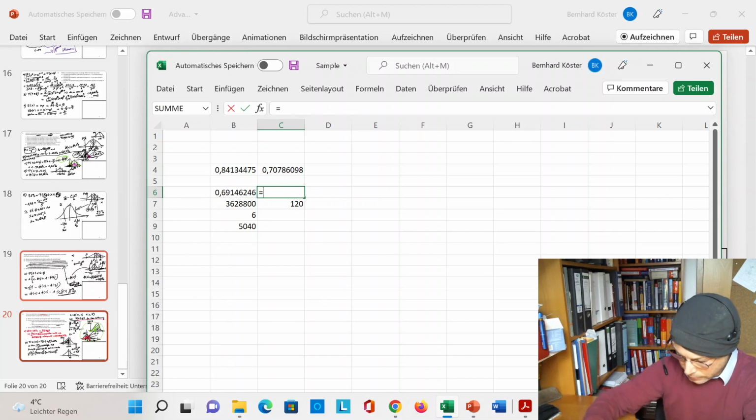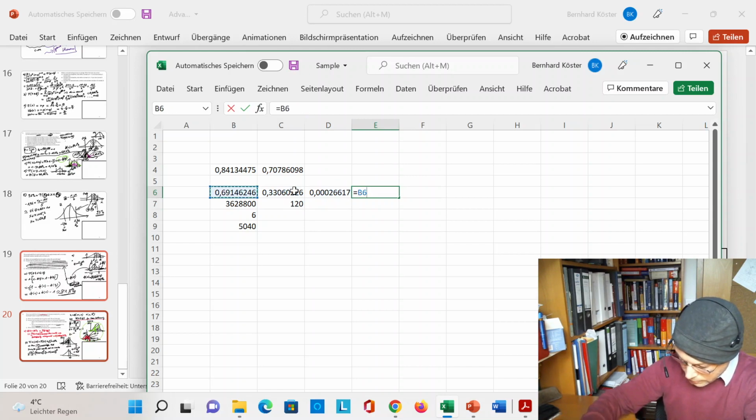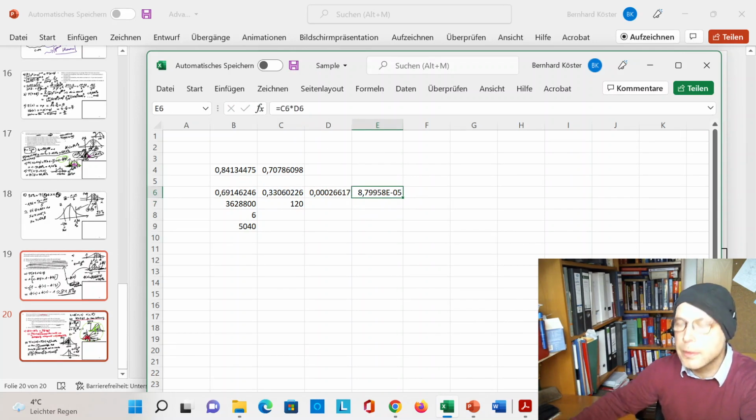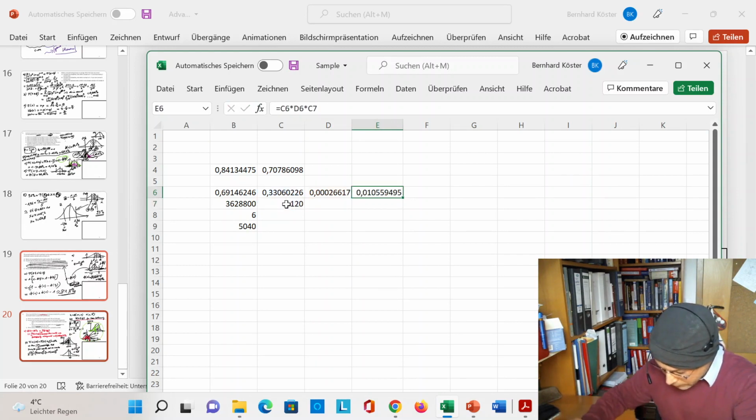So what we need is 0.69 to the power of 3 and 1 minus 0.69 close bracket to the power of 7, and then we take this times this times 120, which is roughly 1%.